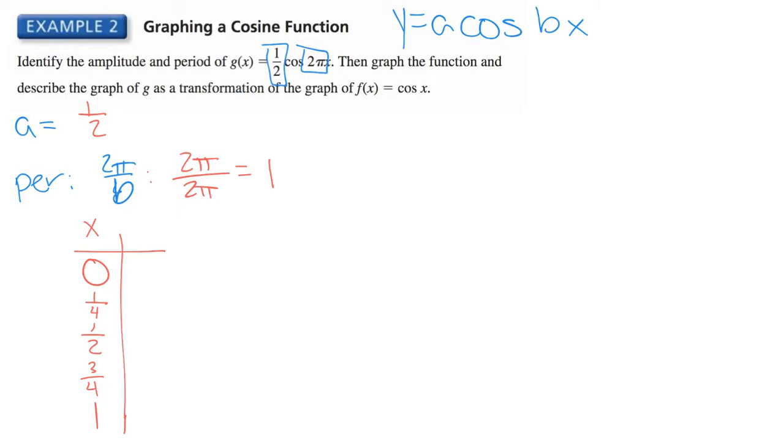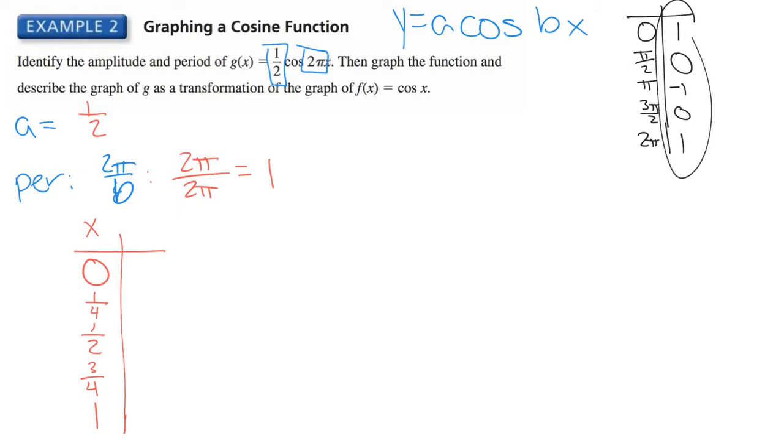So let's go ahead. I know you guys have it out, but just so it's visually on here, this is the original of cosine. 3 pi over 2, 0. All right, those are the originals. So now we're going to take these original y values and multiply them by 1/2, which is our A value.